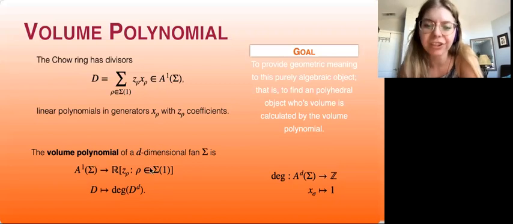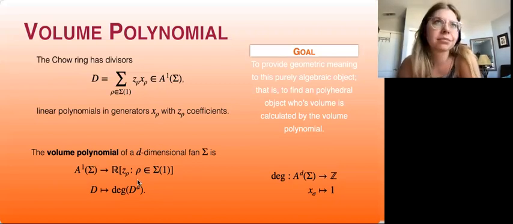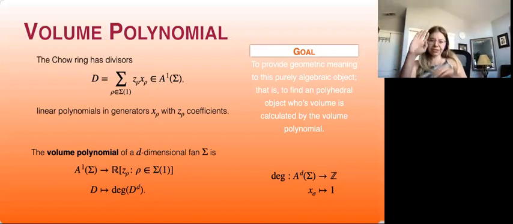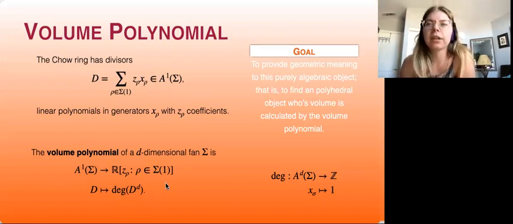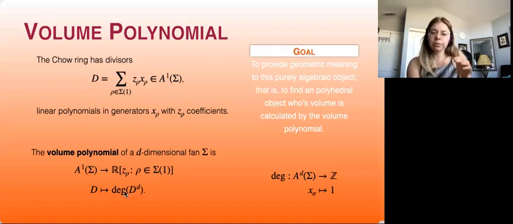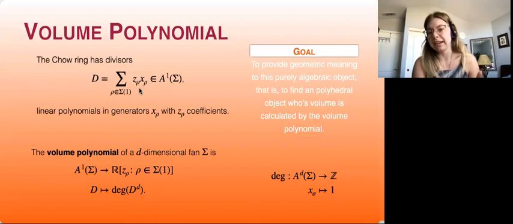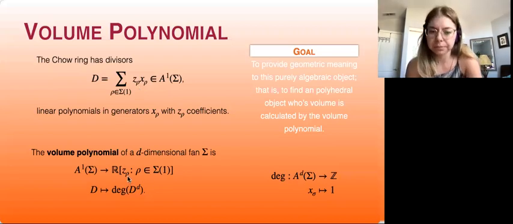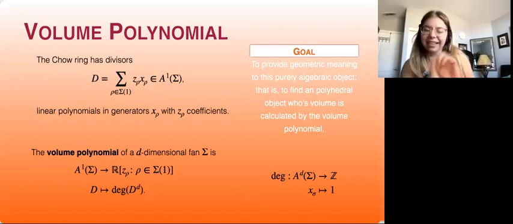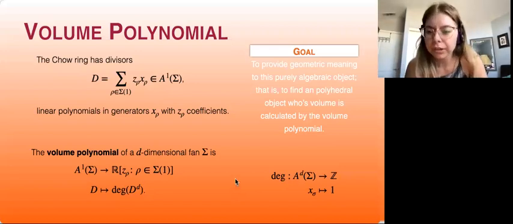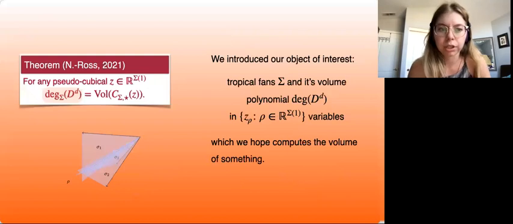This is the map to the integers. Sorry, I jumped too hard. This degree map acts on the x's, but we're left with the z's. So it will give us a polynomial in these z variables. Okay, so you can take the z's out, right? Yes, exactly that. We'll see an example shortly.